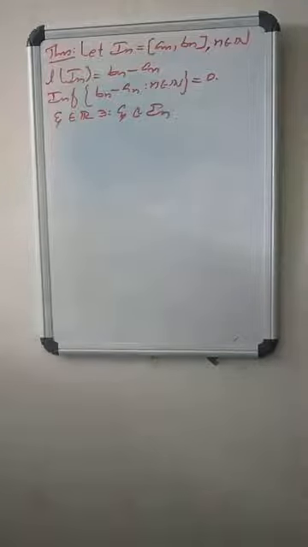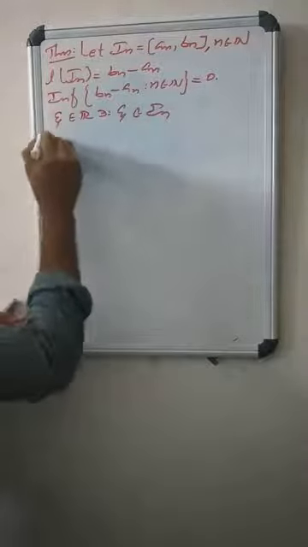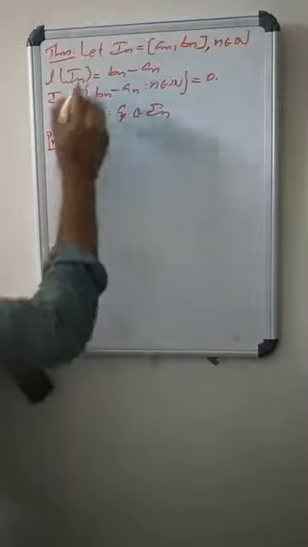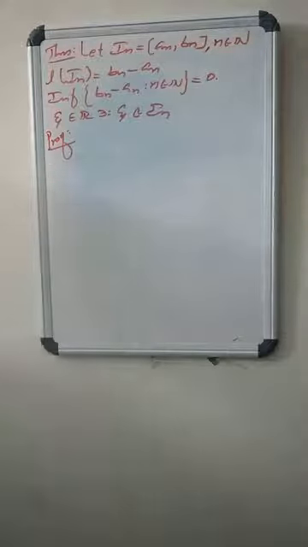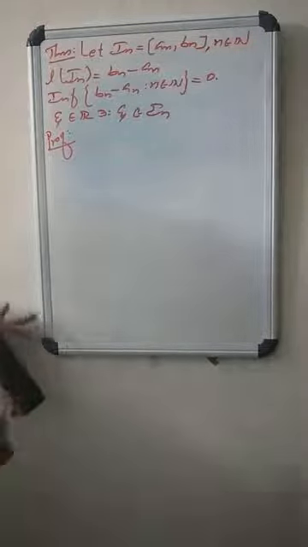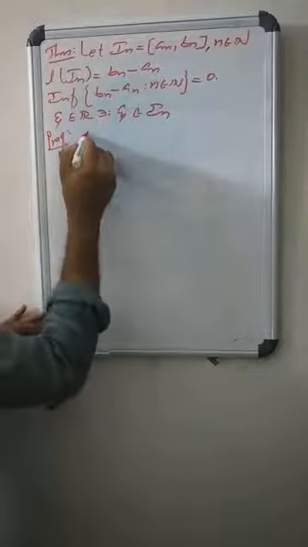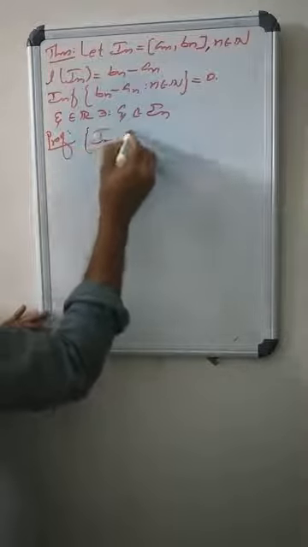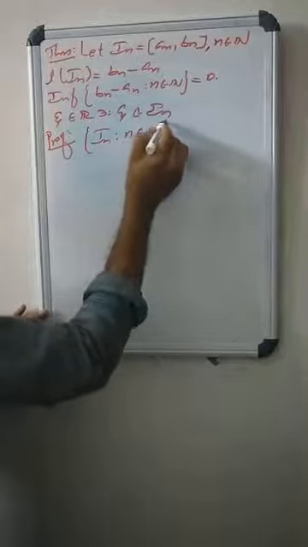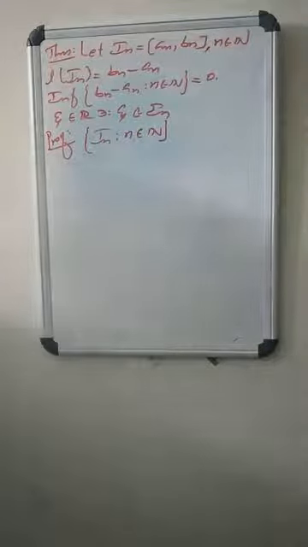So how to prove this? In equals the closed interval [an, bn], being a sequence of closed and bounded intervals. So clearly the set of all In is a nested sequence of intervals.